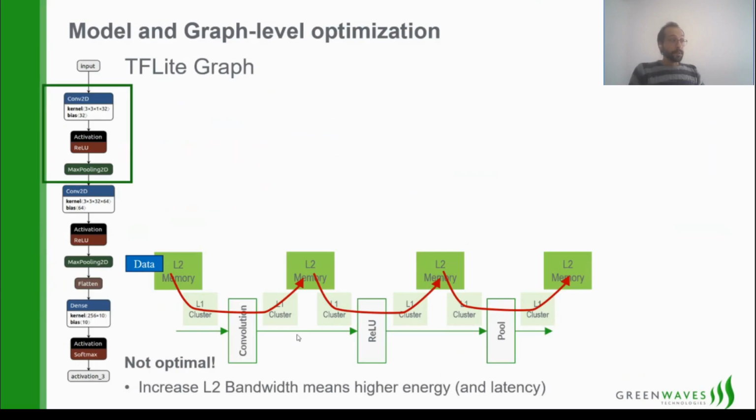So in this way we can reduce a lot the memory movement that we have, and once we have the result of our convolution locally, we can then follow with ReLU and max pooling.